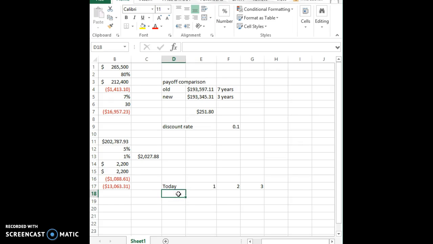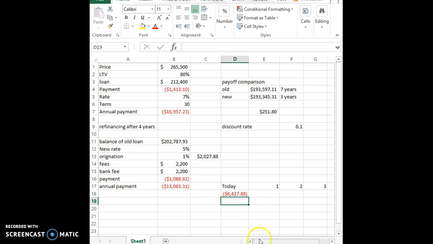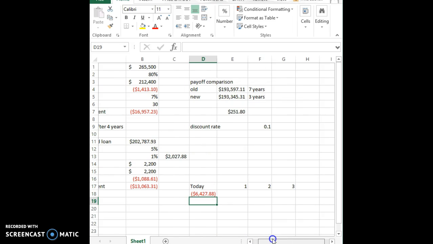Equal, I like to put mine in negative. So we want to take that origination fee plus the regular fees plus the bank fee. And that's how much we have to pay up front.